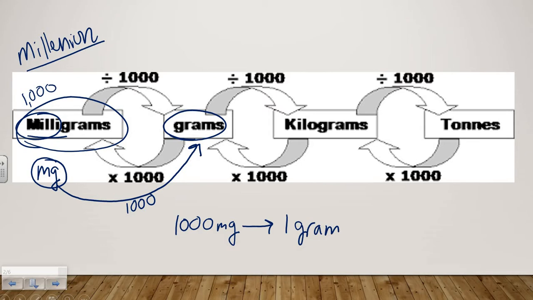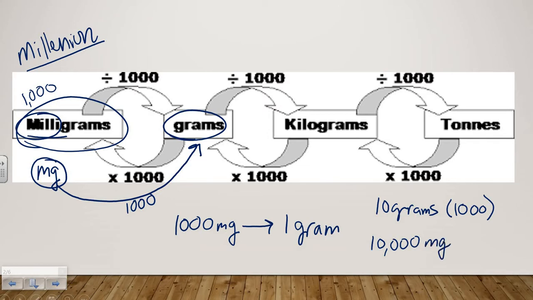So if you see a bottle of medication and that medication tells you that it is 10 grams of medication, it would be times 1,000. That means 1, 2, 3, 4. That means it's going to be 10,000 milligrams of medication.